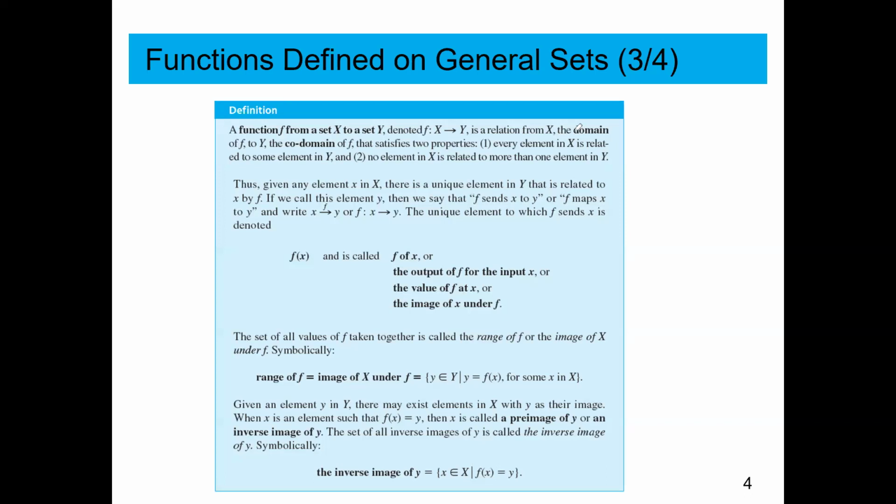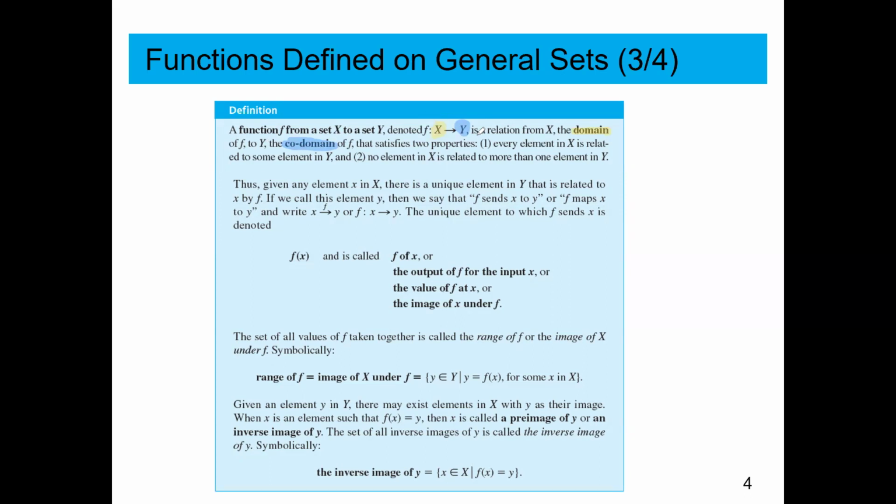The first one is the word domain. The domain is the set from which we are starting. On the other hand, the codomain, not the range, the codomain is the set we're going to. So all my possible inputs are my domain.